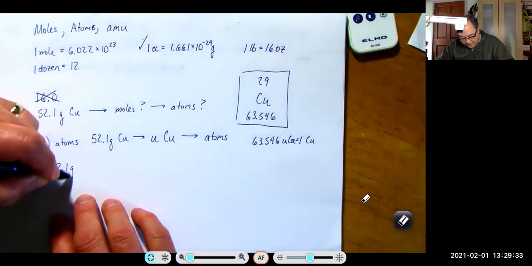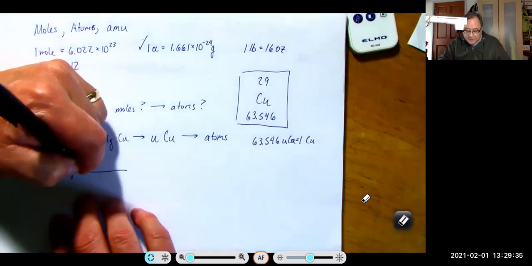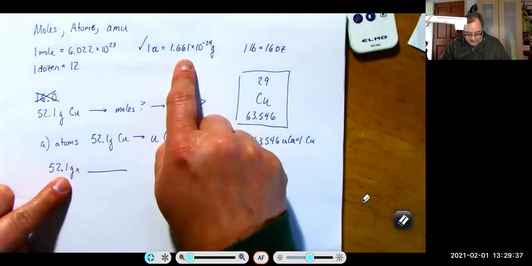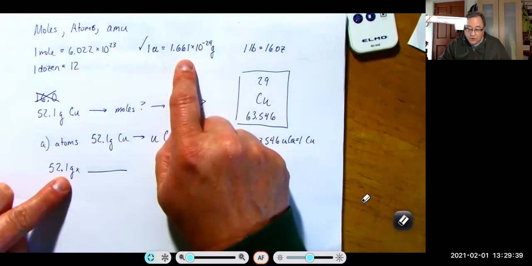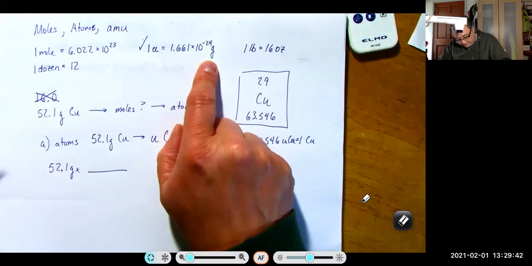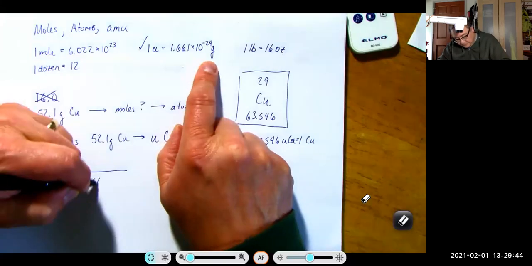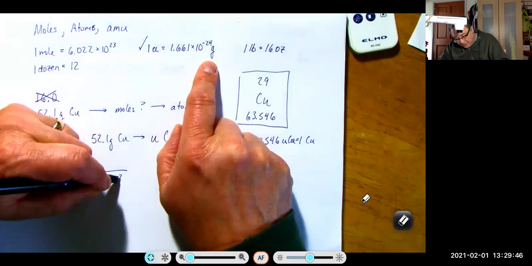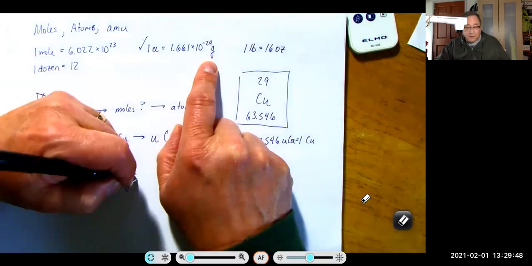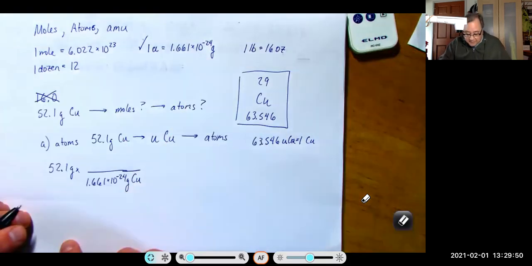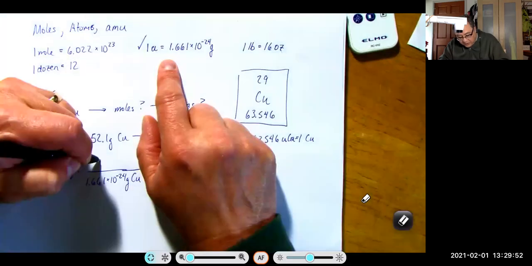So if I do this, I'm going to multiply by this up here, and I'm going to put the gram part on the bottom. And I'm going to use my label, copper, grams of copper. And then I'm going to put 1 U of copper.